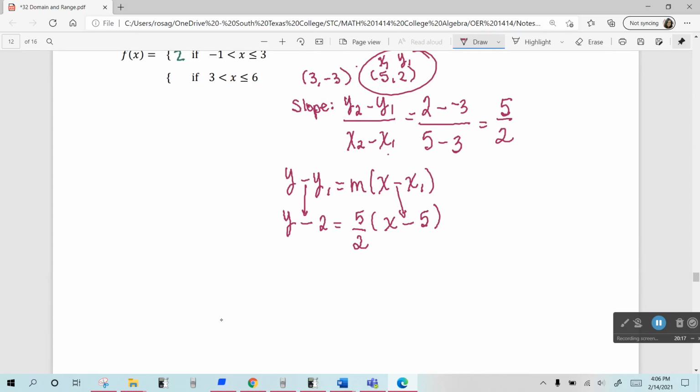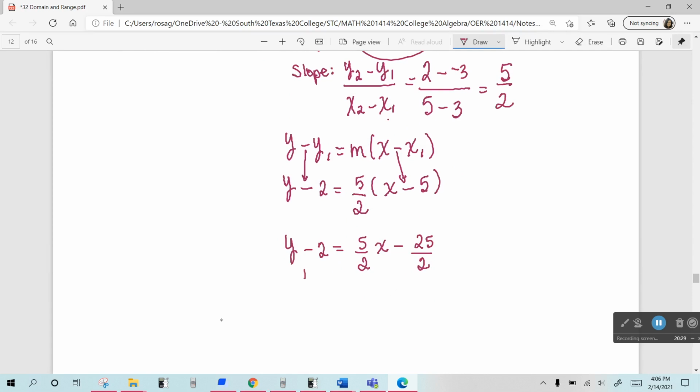A lot of times Open Math will let you use this form. Get rid of the parentheses and then plus 2, plus 2.